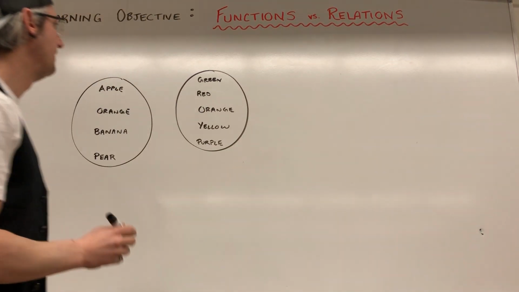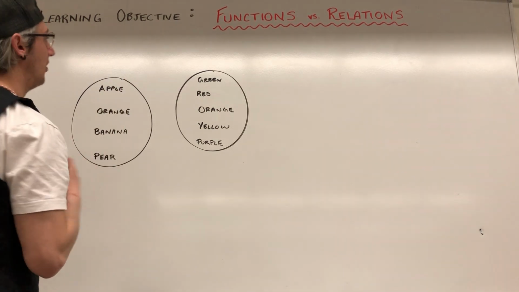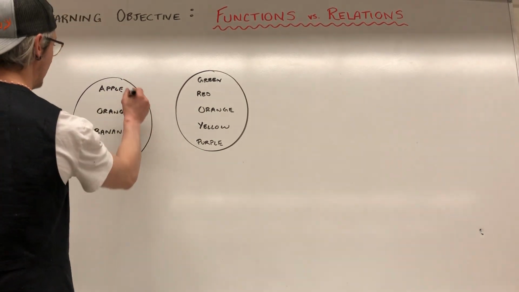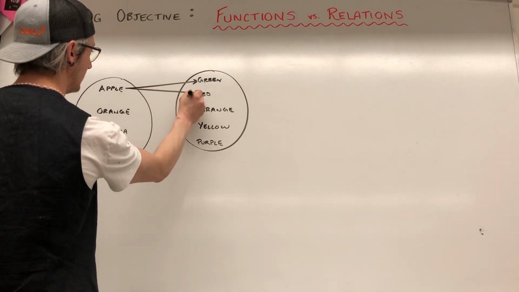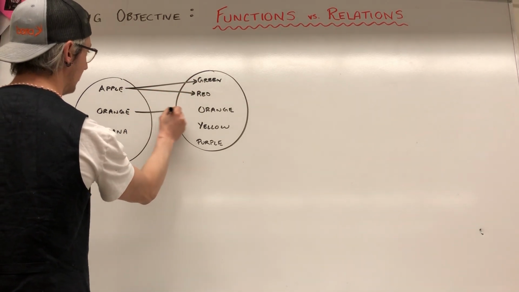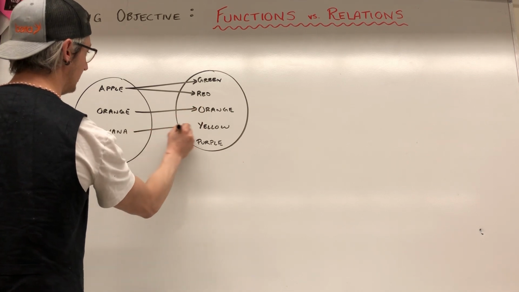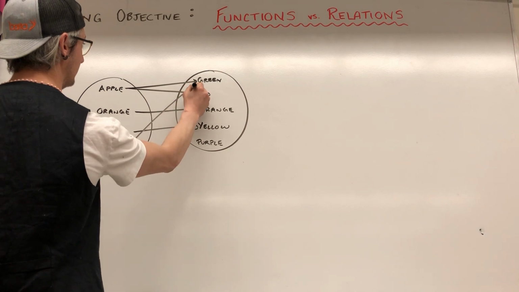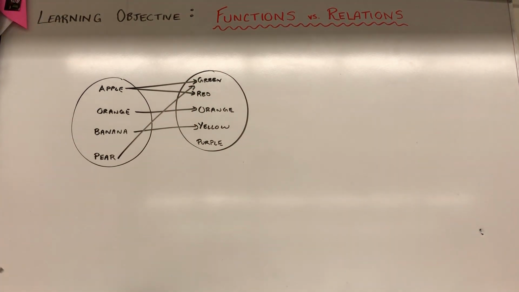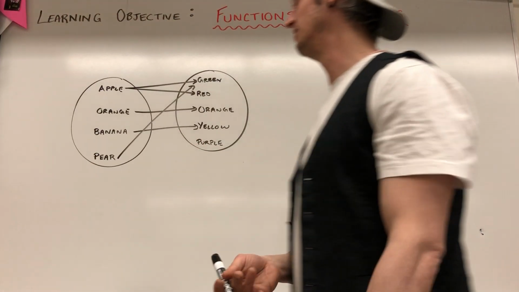Then I wanted to represent all the different colors that fruits could be. This is how I would do an arrow diagram. Apple can be green, or it can be red. An orange is orange. A banana is yellow, and a pear is green, we'll say. Here is an arrow diagram representing the relationship.